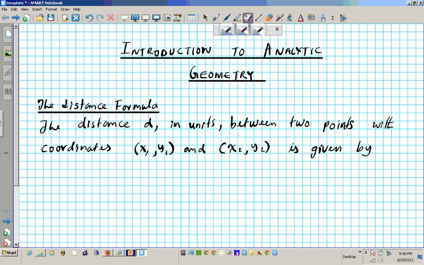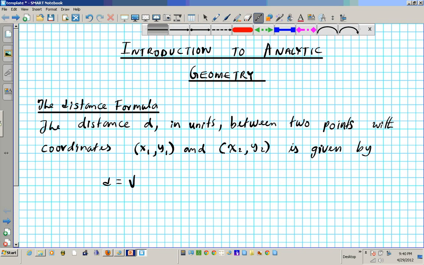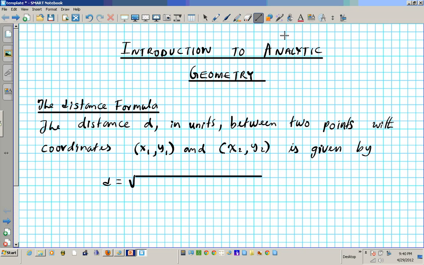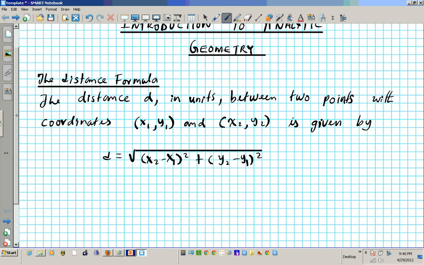Note this subscript right here is 1, so x1, y1. Okay, so there you have the distance formula.